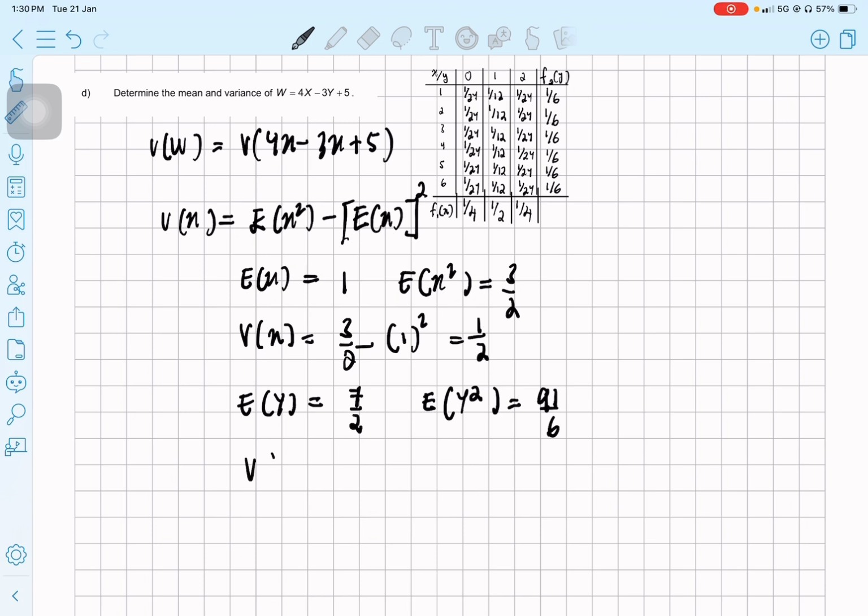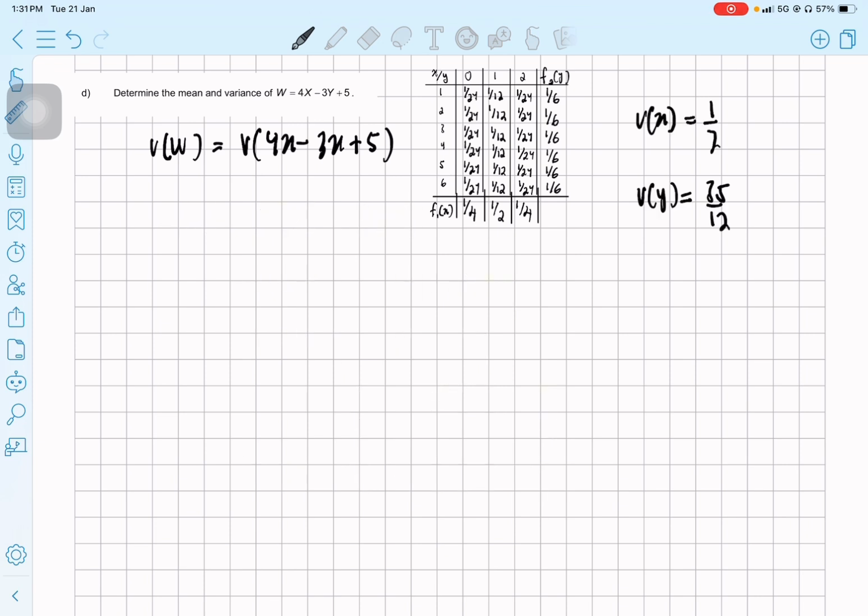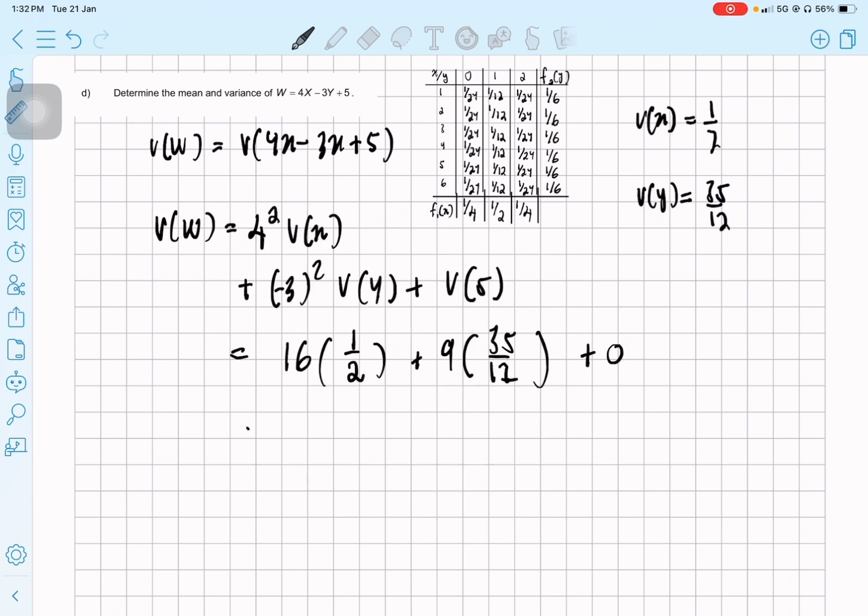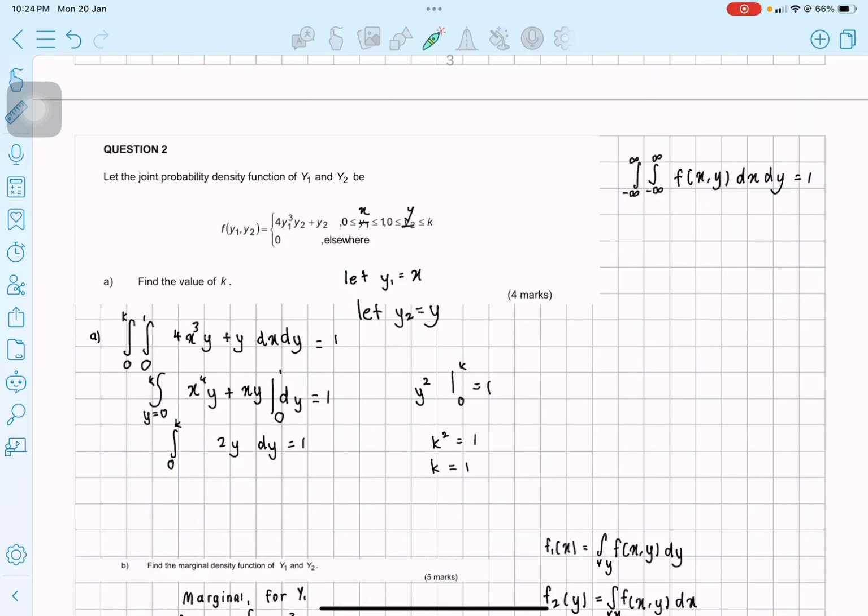Variance for Y is 91/6 minus the square of 7/2, which is 35/12. We do it like before, which equals 137/4. Okay, so we'll be moving on to question 2.